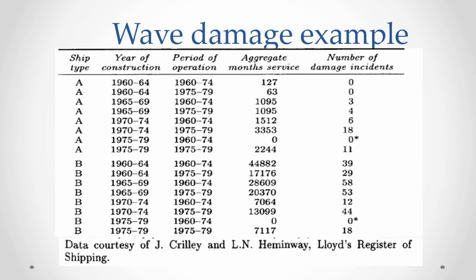The data courtesy is J. Crilly and Hemingway from the Lloyd's Register of Shipping, and as I mentioned, the data set has been studied in more detail by McCullagh and Nelder. An appropriate model for this data is the log linear model, which relates the expected number of damage incidents to aggregate months of service, the effect due to ship type, the effect due to year of construction, and the effect due to service period.